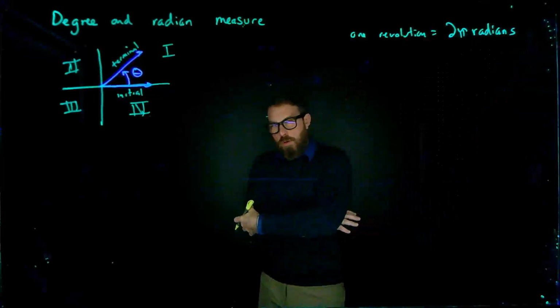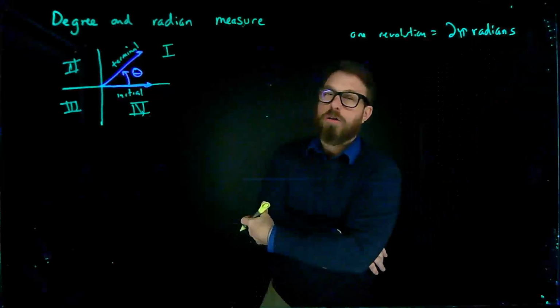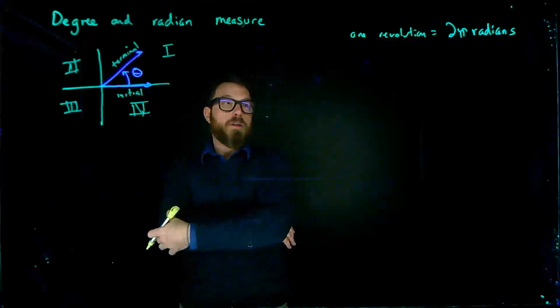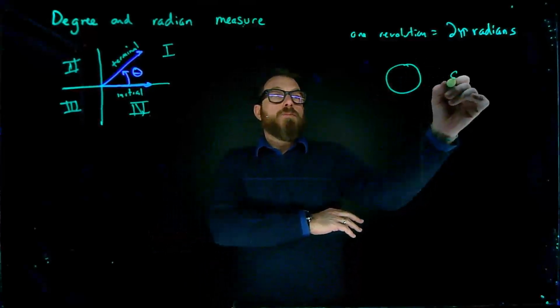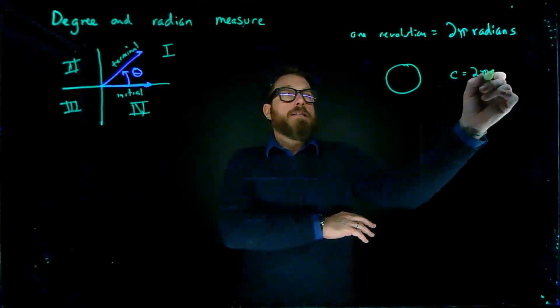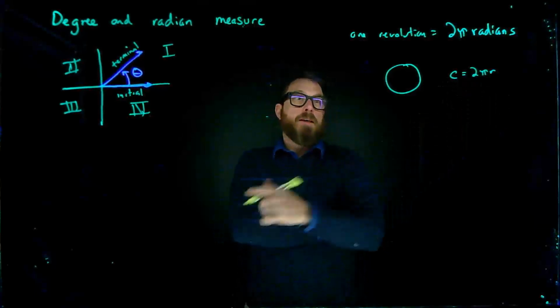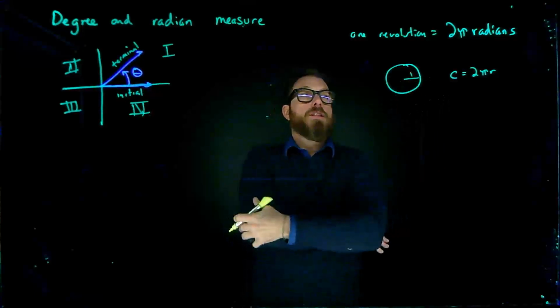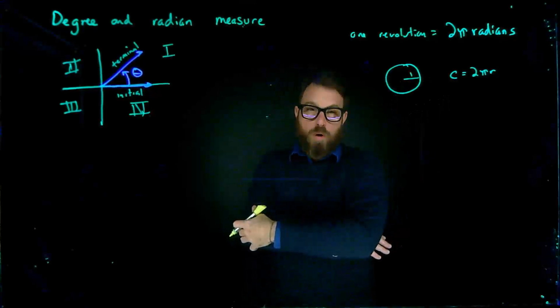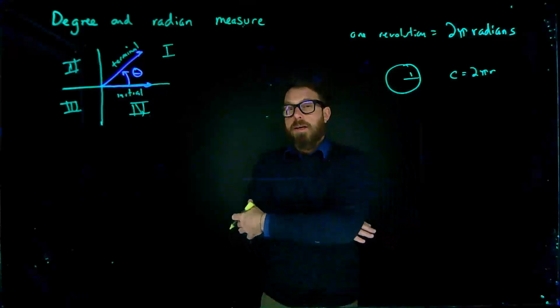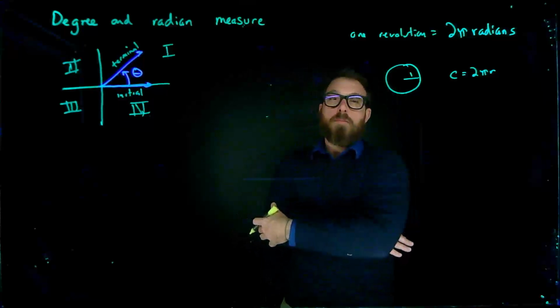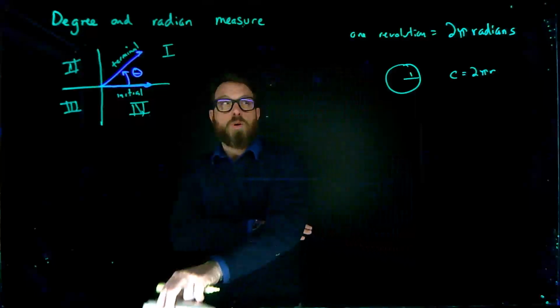And this has to do with, if we're in radians, the arc length is equal to the angle. If we look at a circle, I know that its circumference is equal to 2 pi times the radius. Now if I have a radius of 1, then this is equal to 2 pi times 1, which means all the way around the circle is equal to 2 pi, which will be equal to our measure. So that's where our radians come from.